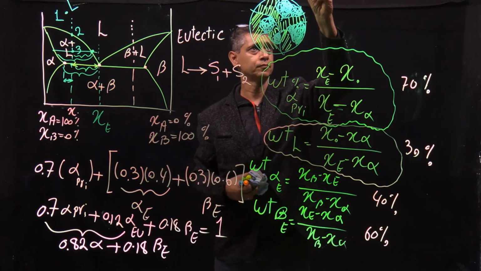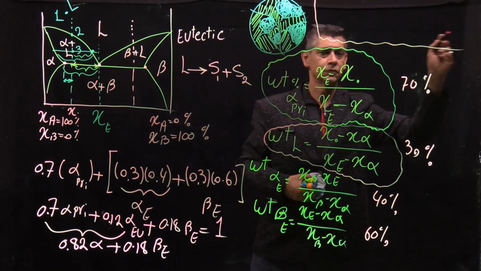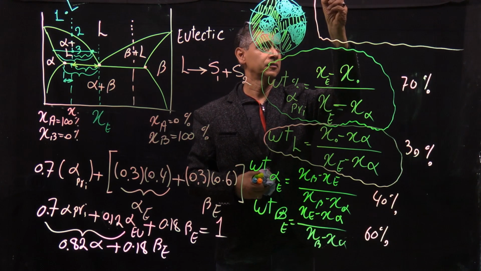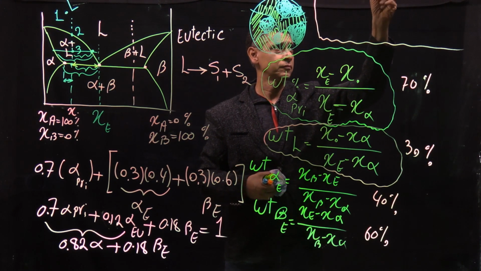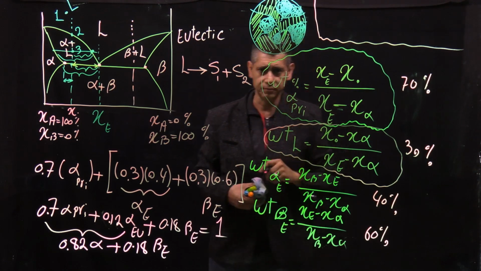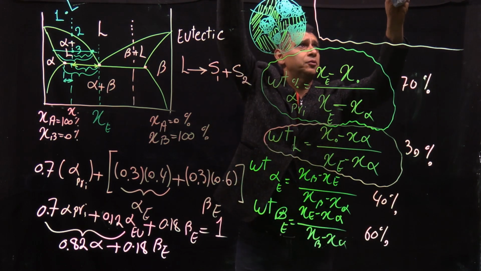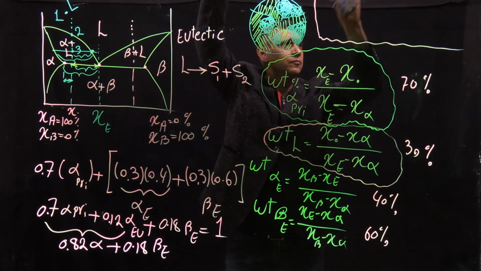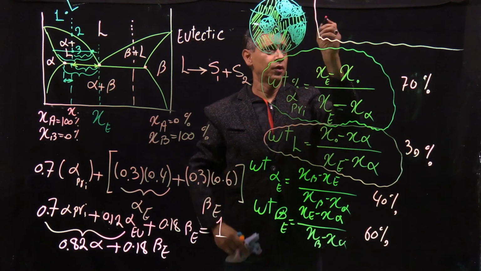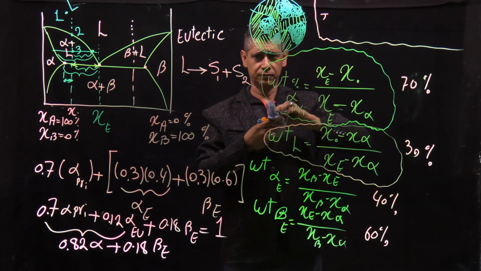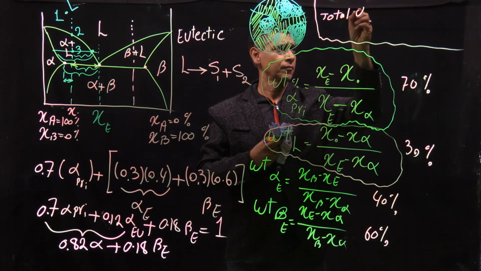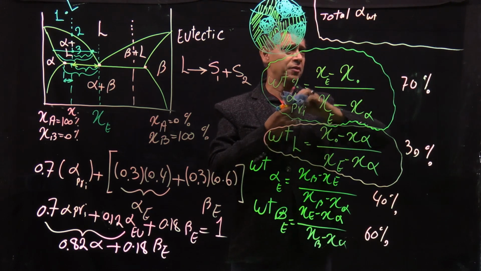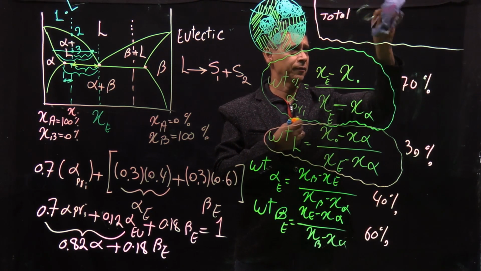So this would be total weight percent of alpha. I have to go a little lower. So the total alpha weight percent, or weight percent of alpha, either way.